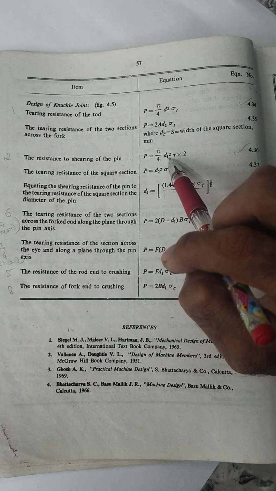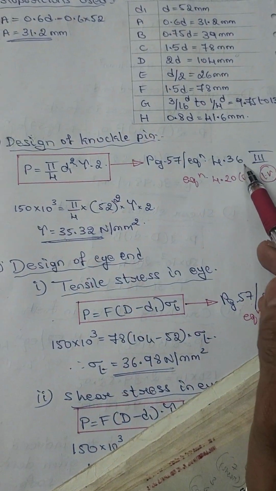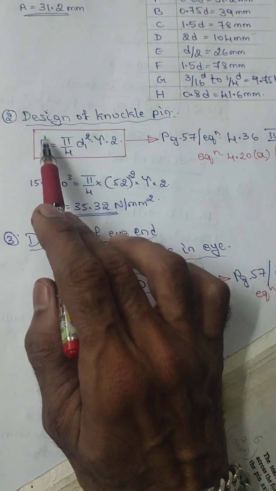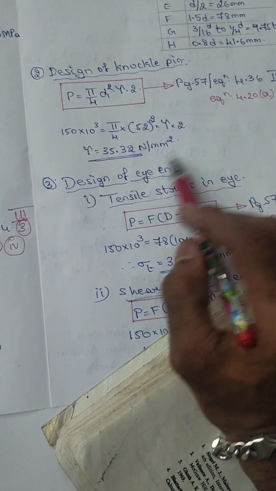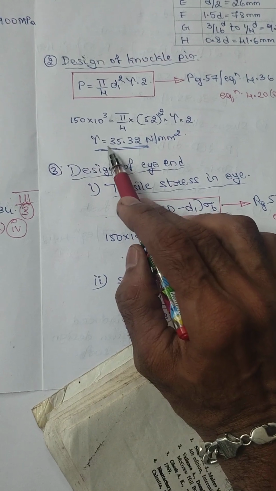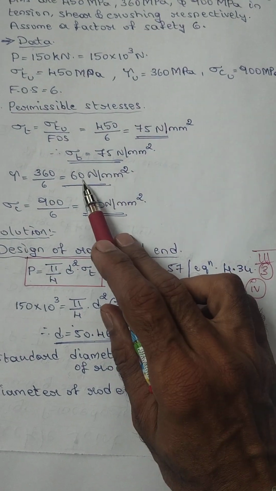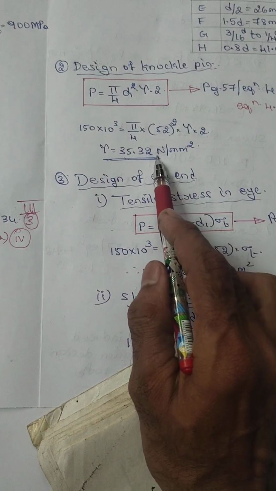It is P is equal to pi by 4 d1 square tau into 2, equation 4.36. You have to calculate the tau value so that it lies below the permissible value.